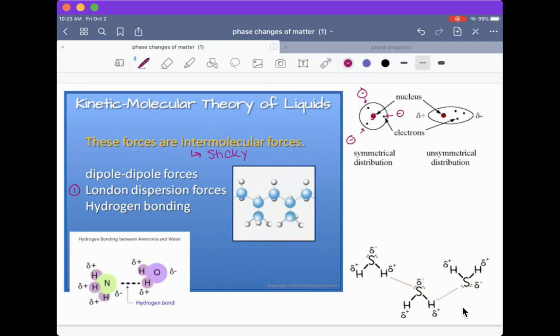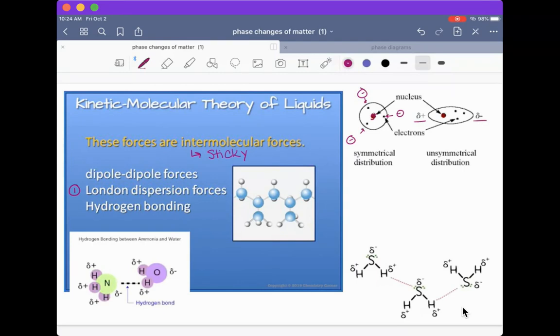And this is going to create something called a partial charge, a quick instantaneous charge where one side of the particle or molecule will be positive and the other side of the atom will be negative. And this instantaneous charge on the particle will create an instantaneous attraction. And we call this the London dispersion force. Now, the London dispersion force becomes stronger as you have more electrons in bigger molecules or bigger atoms.